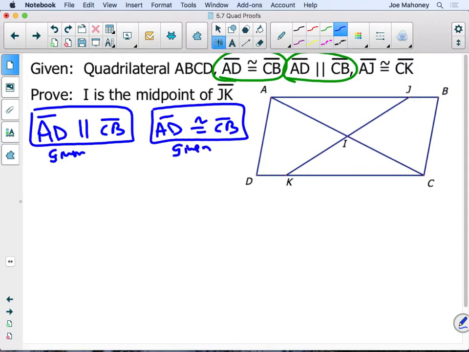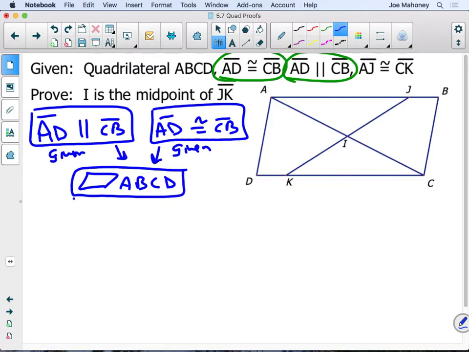That's given. And these two things unlock parallelogram ABCD for me, because I've got one pair of sides parallel and congruent. So again, if you're given a quadrilateral that sure as heck looks like a parallelogram, it is a parallelogram. Prove that it is.